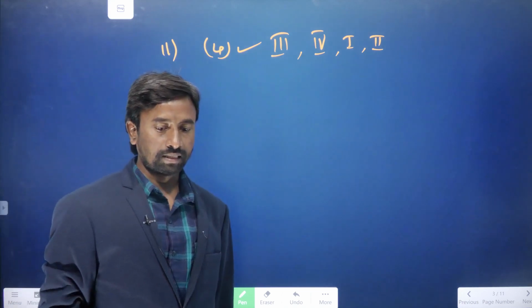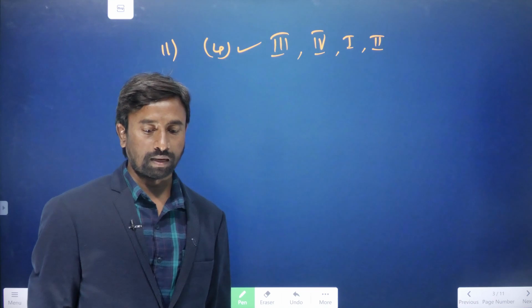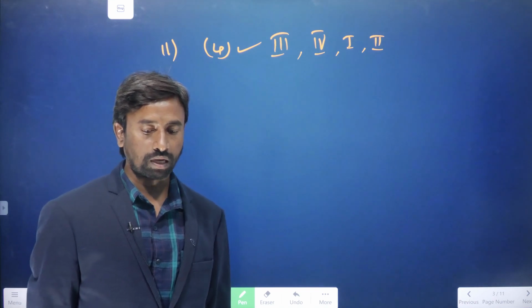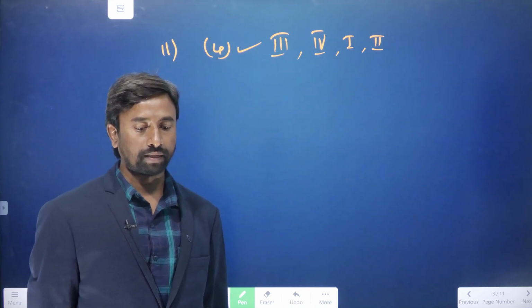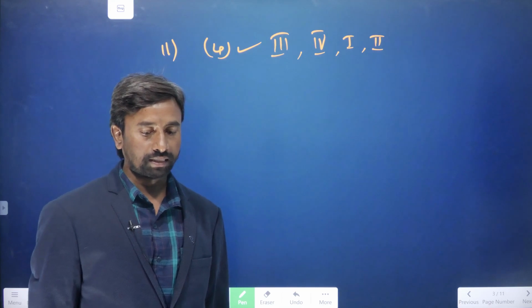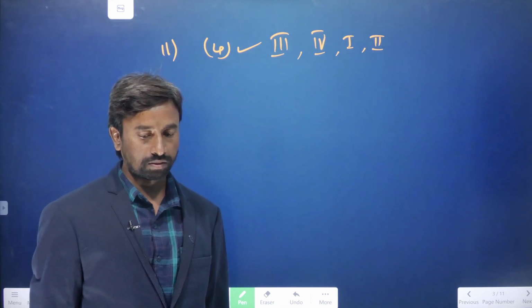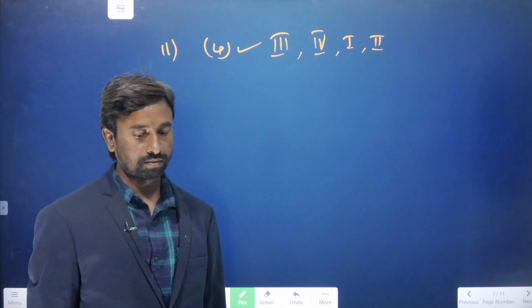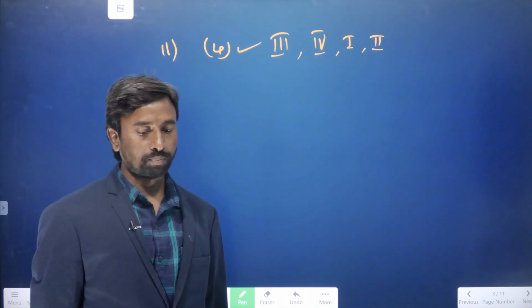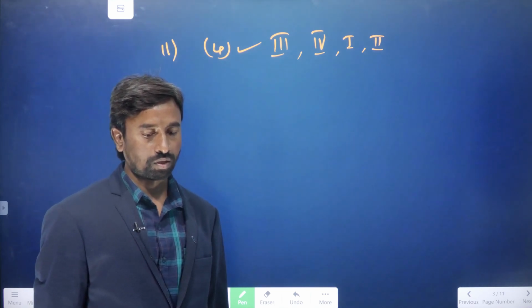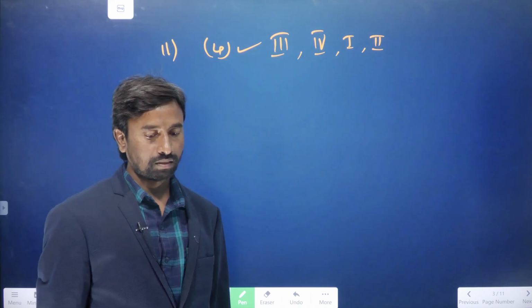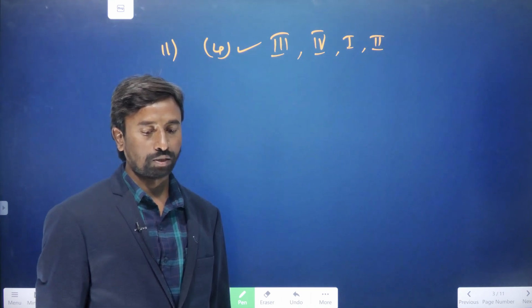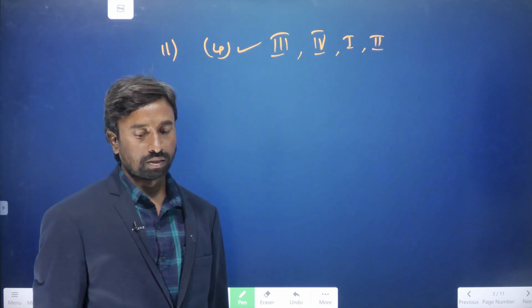Point size dense bodies of same mass are attached at four corners of a light square frame. Identify the decreasing order of their moment of inertia about the following axes: passing through any side, passing through opposite corner, bisector, perpendicular to bisector, and perpendicular to plane passing through any corner.